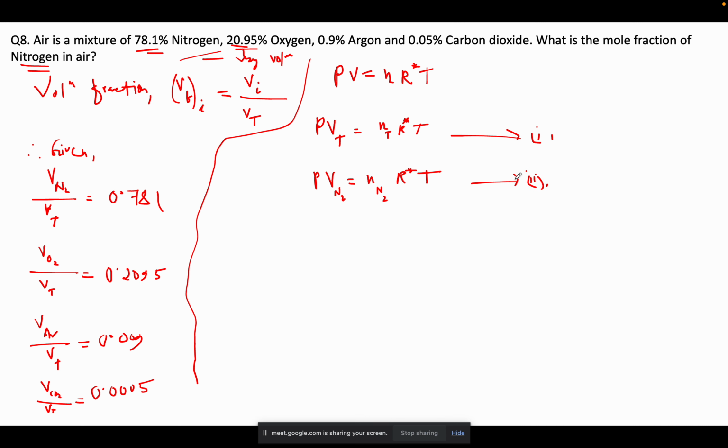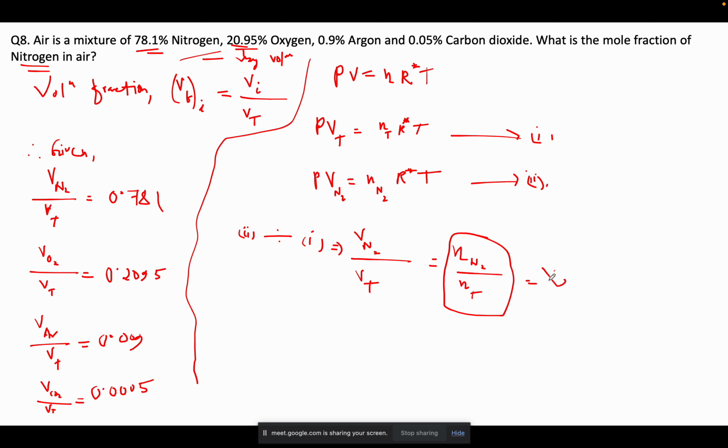So now if we do 2 divided by 1, that will be volume of nitrogen divided by volume total. This will be nothing but N of nitrogen divided by N total. Now what is N of nitrogen divided by N total? This is basically X of nitrogen, the mole fraction of nitrogen.